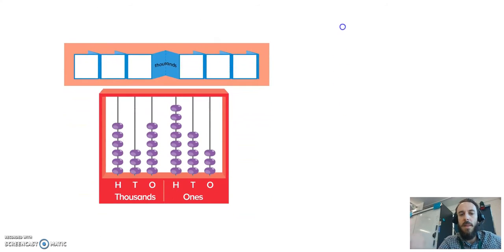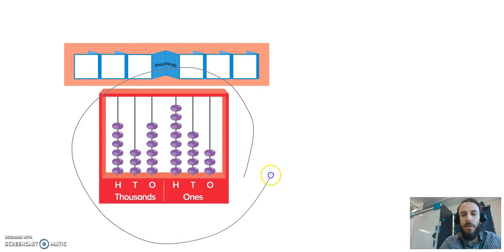You might see six-digit numbers written down slightly differently as well. Remember, this visual representation is called an abacus, and for every digit there is in a certain place value column, we put a little bead on. Sometimes you might be asked to write this number on a number expander. This is a number expander. I always like starting with the ones. There are 3 ones, and I just count it out.